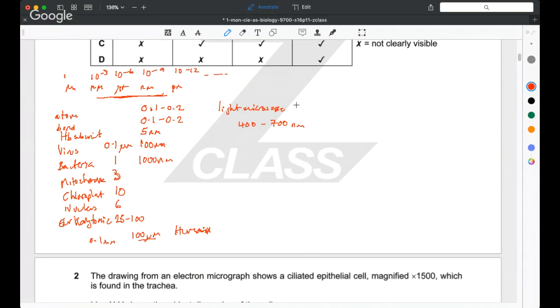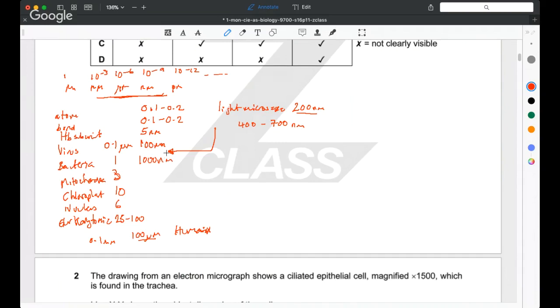So a light microscope has a resolution of about 200 nanometers. If you look on this scale here, then the light microscope, at its best resolution of about 200 nanometers, is going to be able to start to pick out about that point there, isn't it? Okay, so larger than a virus, but higher resolution than a bacteria.